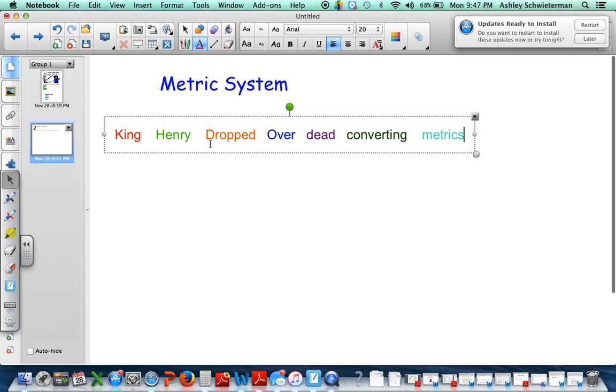So, if I can remember King Henry dropped over dead converting metrics, I can quickly place my prefixes in front.